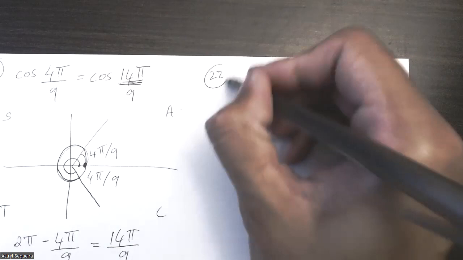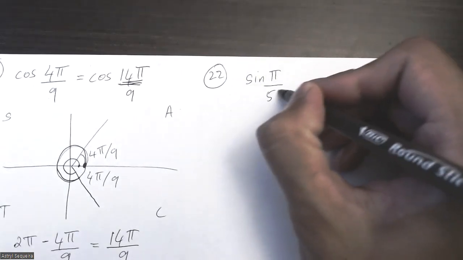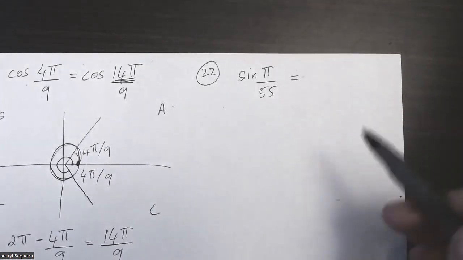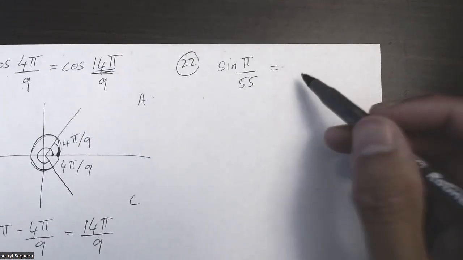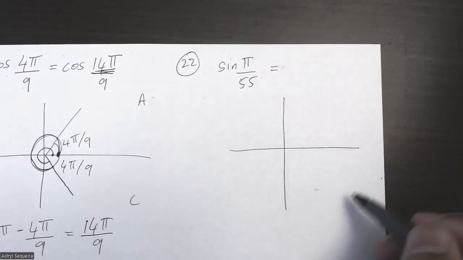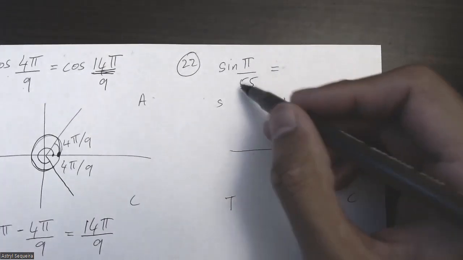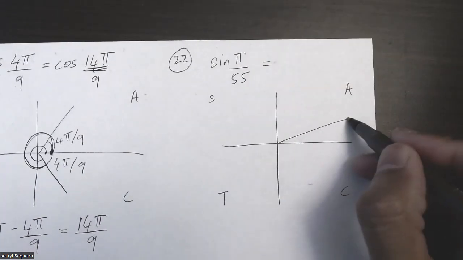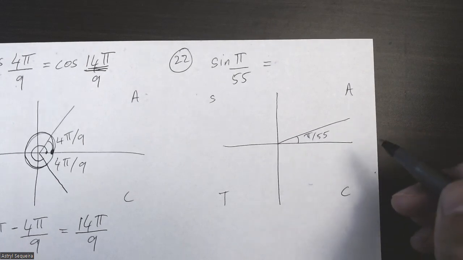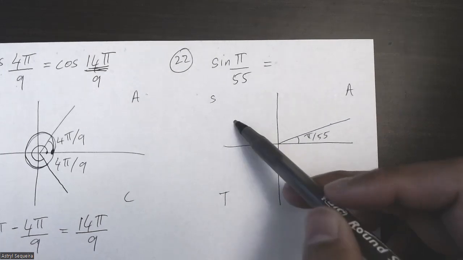22 is the same concept. We have sine pi over 55. We need to write an equivalent expression that's the same as this. So again, I'm using my CAST rule. Pi over 55 is an extremely tiny angle. It's going to be in the first quadrant. And sine is positive in A and this quadrant here.